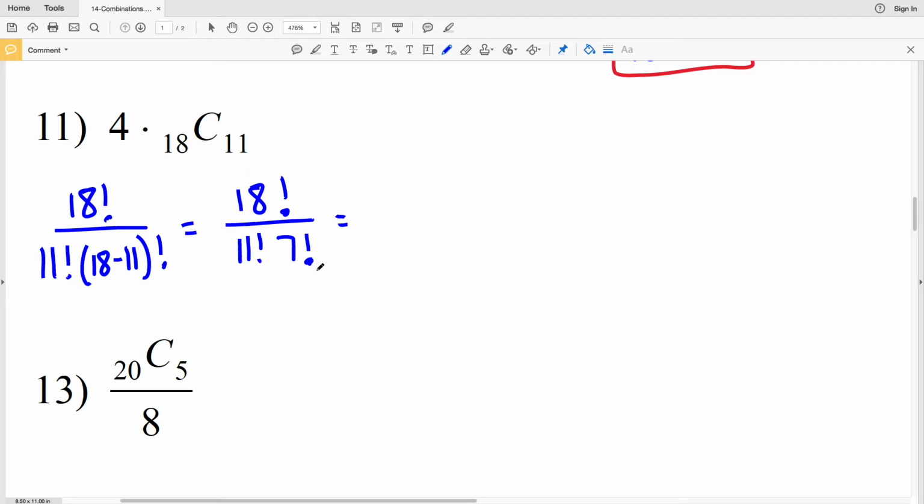So I'll type in 18, and I'm going to go to math, scroll over to my factorial button, so 18 factorial, and then I'm going to divide that by 11 factorial times 7 factorial. So making sure my 11 factorial times 7 factorial is in parentheses, that will give me 31,824. Now that's for the combination 18 choose 11.